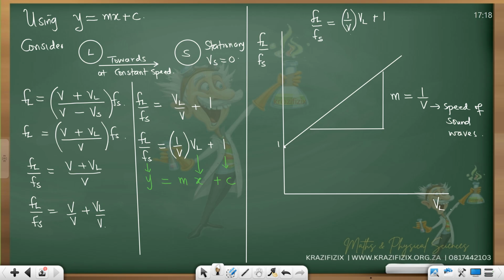I think I have about 3 different question papers where this was tested. It's all about knowing it's a straight line. This skill will affect almost every topic in physics. As long as there's a graph, y equals mx plus c will be tested.